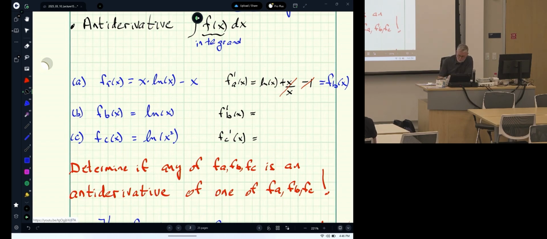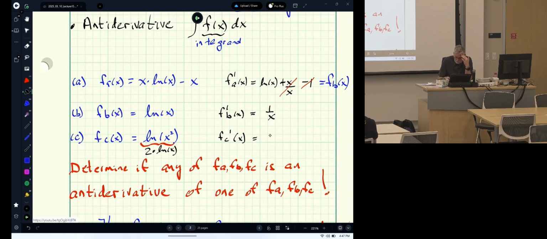Okay, derivative of log of x, 1 over x, and it's not equal to anything on our list. So f b is not the antiderivative of any function in our very small list. And then by log properties, even though this thing looks complicated, that's 2 times the natural log of x.